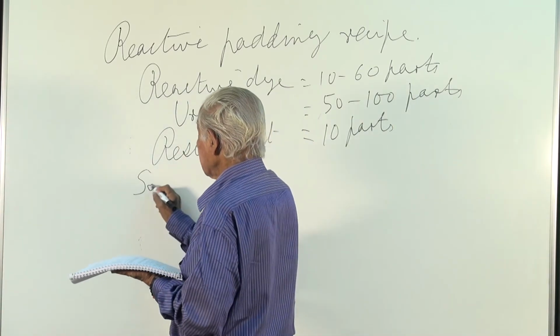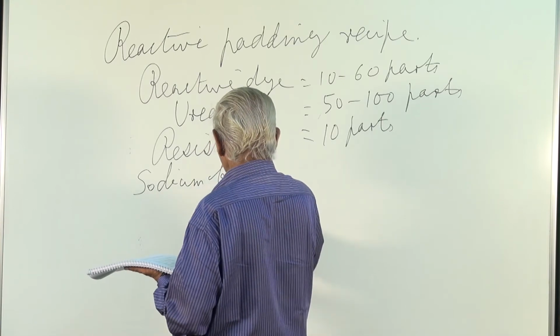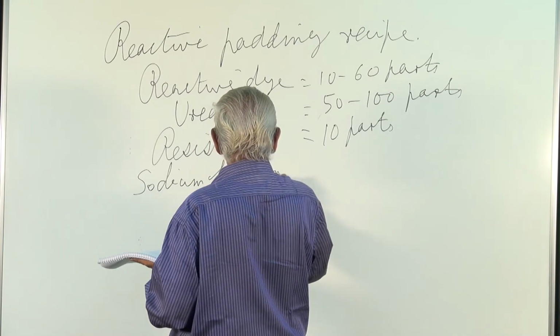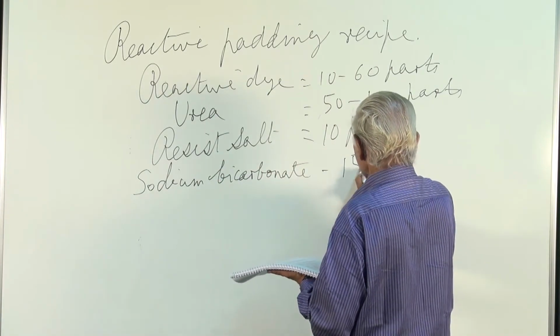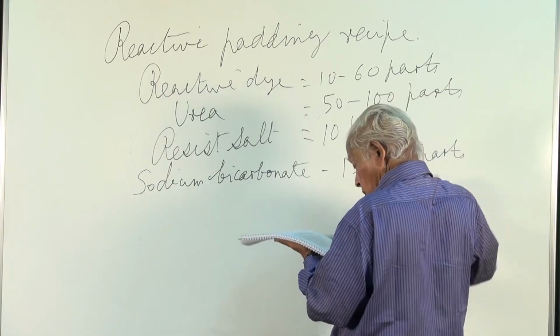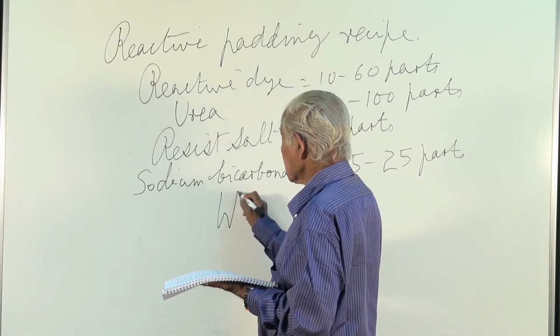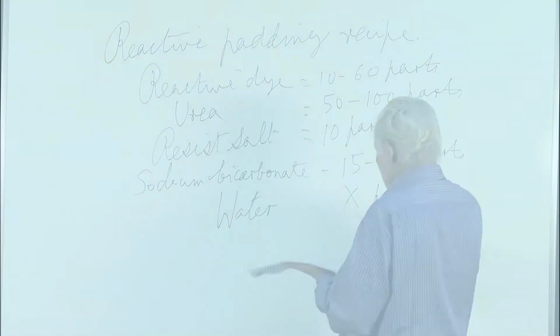Sodium bicarbonate 15 to 25 parts. Water X part. Now let us see the discharge printing.